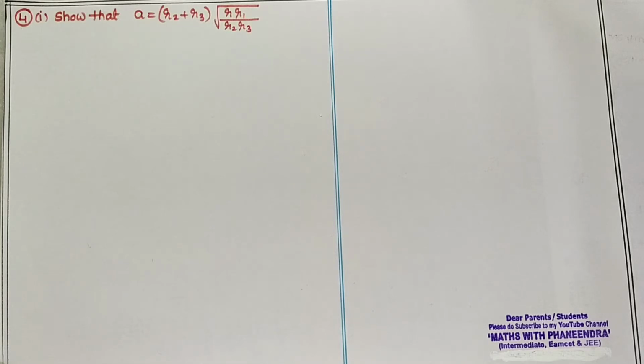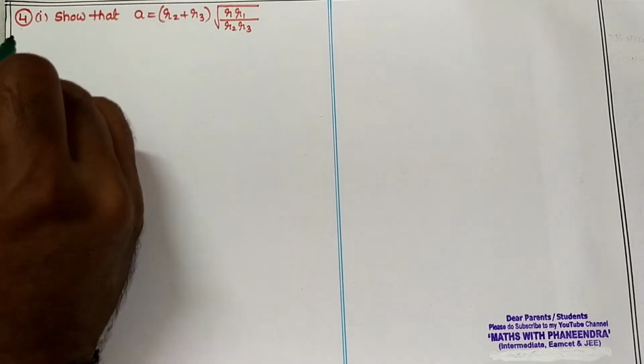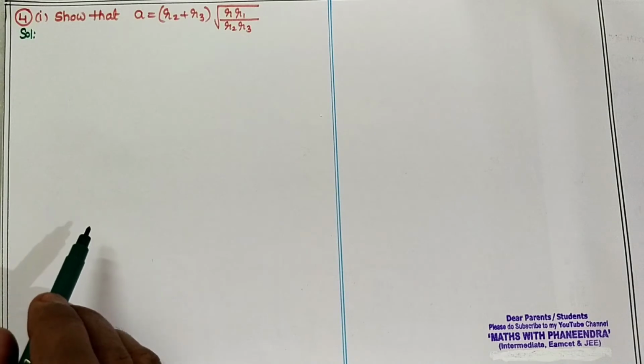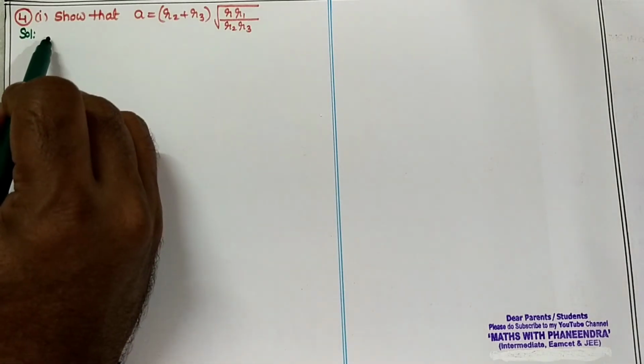First what I am calculating is, observe in the RHS r2 plus r3 value is there. First I will calculate the value of r2 plus r3. Next r into r1 divided by r2 into r3 value I will calculate. So step by step we will do that. In the solution step, first what I am calculating is r2 plus r3 value.